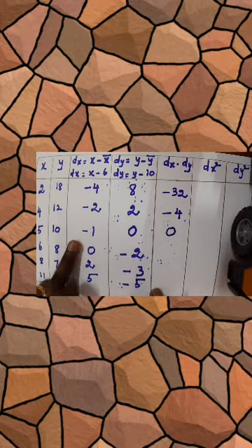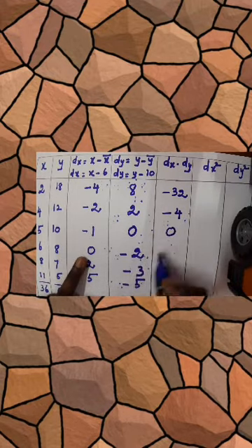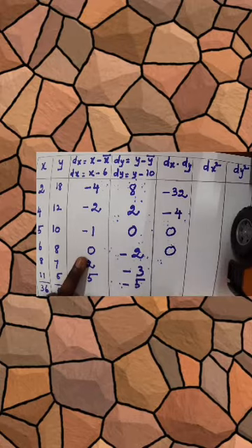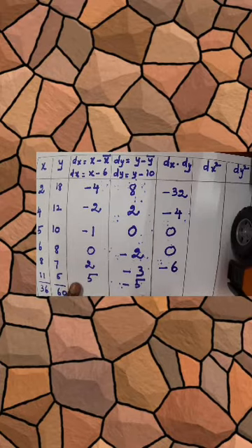Minus 1 into 0 will give you 0. 0 into negative 2, again 0. 2 into negative 3, negative 6. 5 into negative 5, negative 25.